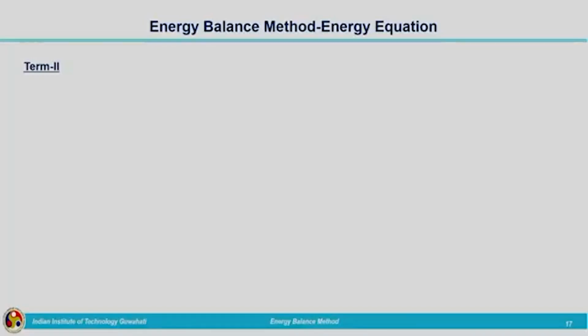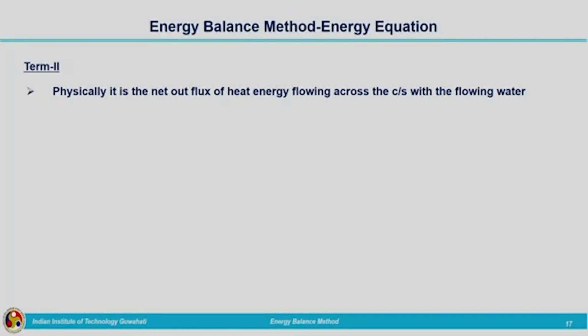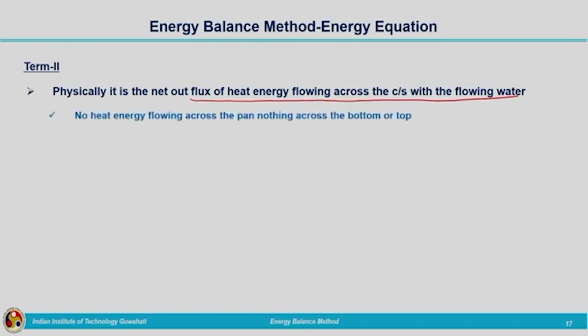Now, look at term 2, that is, the net outflux of heat energy flowing across the control surface with the flowing water. When we look at this expression, term 2 is the net outflow of energy. We have already considered the total energy, how it comes: Rn, the net radiation coming into the system, sensible heat lost to the atmosphere, and some amount lost to the ground surface.